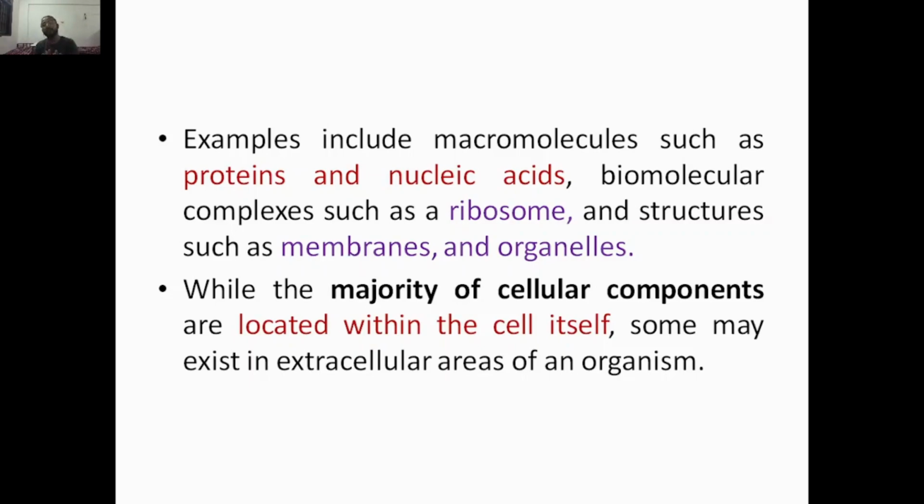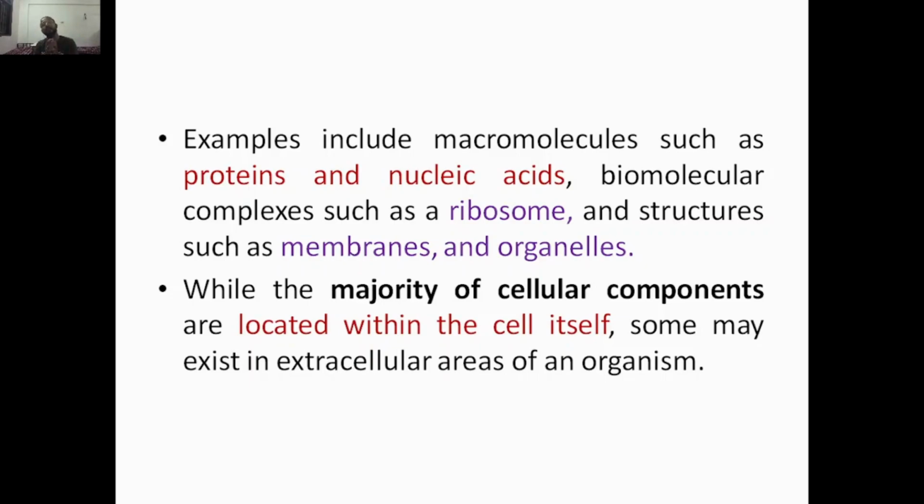While the majority of cellular components are located within the cell itself, some may exist in extracellular areas of organisms. What do we mean by extracellular and intracellular? Intracellular is inside the cell. Most, about 90%, of the components of the cell will be inside the cell only. That is the intracellular area, whereas the extracellular area is outside the cell or on the cell walls.